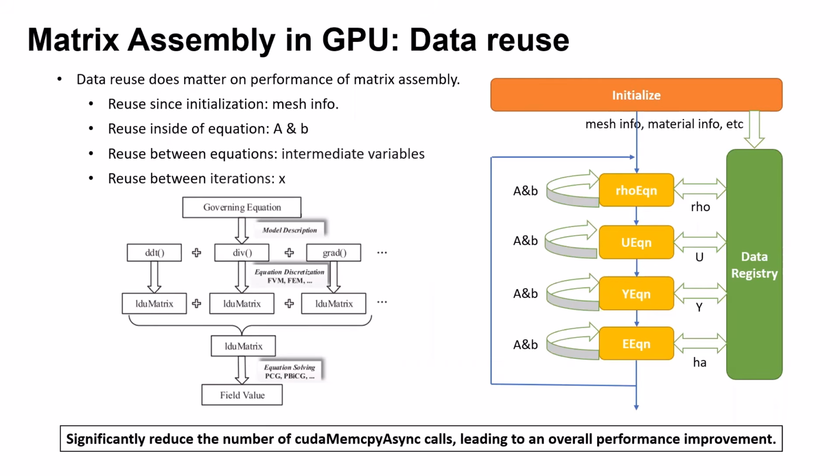For the matrix A and vector B, we reuse them inside the equation. Between equations, we reuse intermediate variables, and between iterations, we reuse the unknowns themselves, which in the four equations are rho, U, Y, and he. This method significantly reduces the number of CUDA memory copy calls.